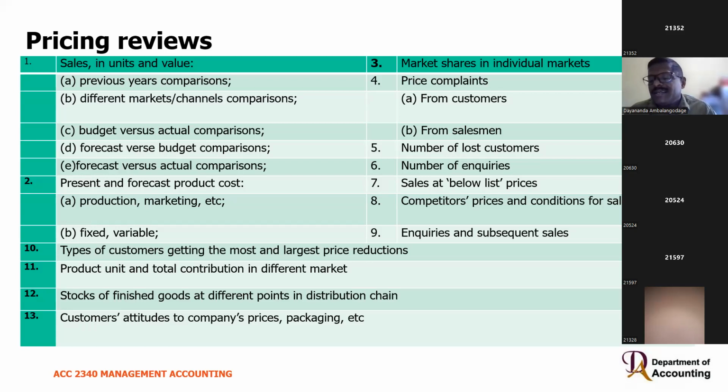If your number of inquiries is 1,000 but sales invoices are 100, so you see that 900 inquiries, no sales, just inquire and vanish.